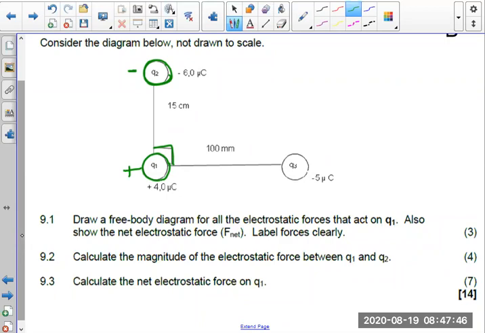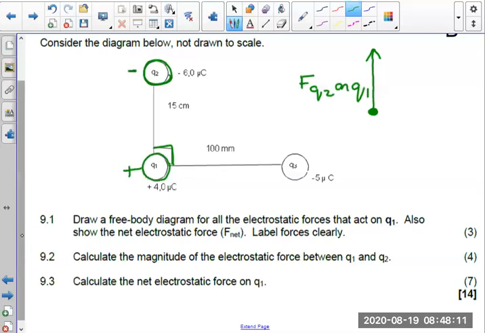So what I'm going to do is I'm going to put a dot, because for a free body diagram I'm going to have a dot. And this will be the force that Q2 has on Q1. It's upwards. So Q2 is going to pull Q1 upwards.